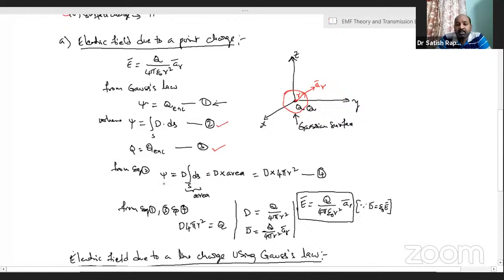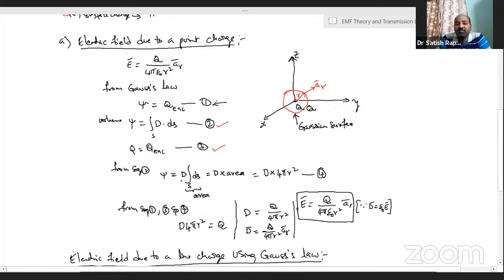As we know, there are two conditions to be satisfied in order to use Gauss law. One is that the charge should be uniform on the Gaussian surface, and the second is that the electric field should be normal to the surface.